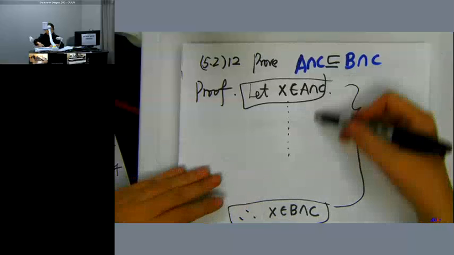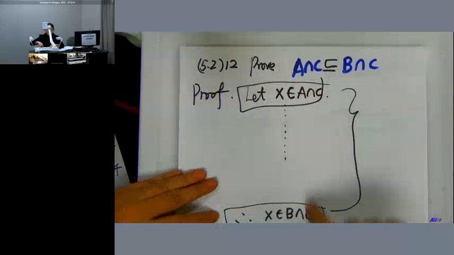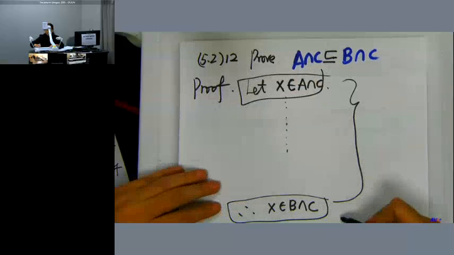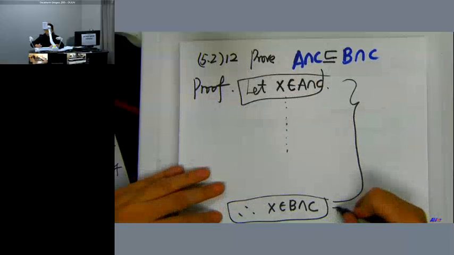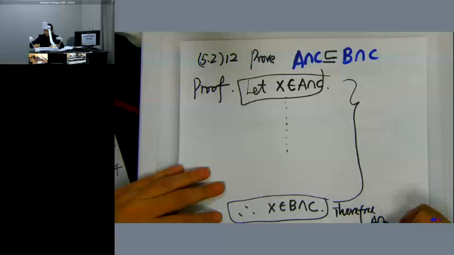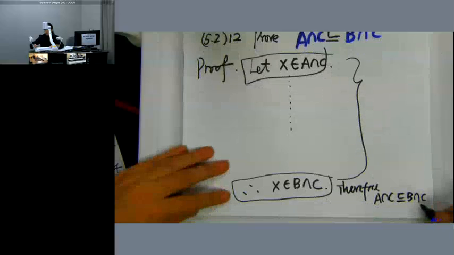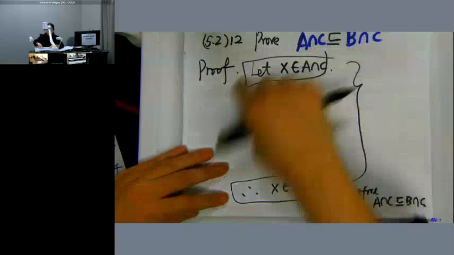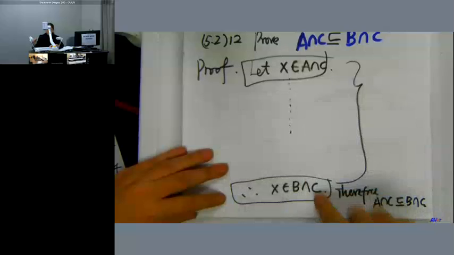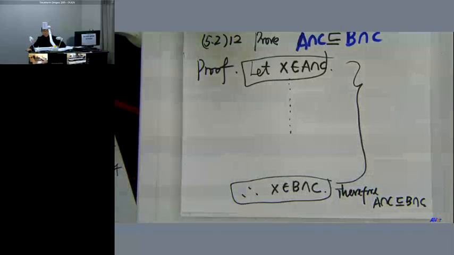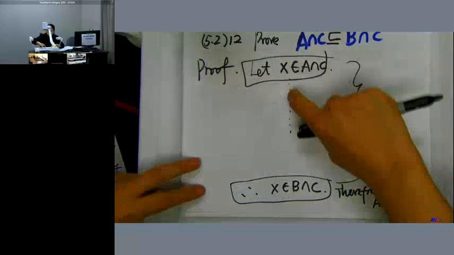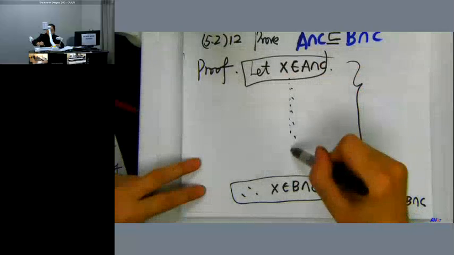So that's why you always have this format. If you want to add another sentence, say, therefore, the intersection of A and C is a subset of the intersection of B and C, you can add another sentence. But this is the main body of the proof. Okay, is this clear? All right, so that part there, I leave it to you to finish.